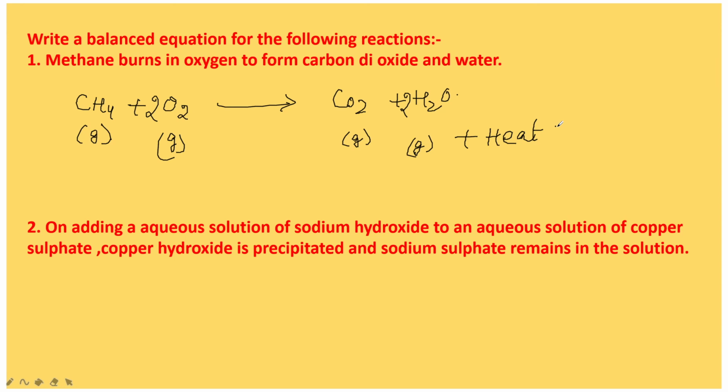Next one is on adding an aqueous solution of sodium hydroxide to an aqueous solution of copper sulfate. Copper hydroxide is precipitated and sodium sulfate remains in the solution. So what is the formula you have to write down, just see what is the formula of copper sulfate. Here, as a word equation you have to write down first because it is a little big. Everything is given.